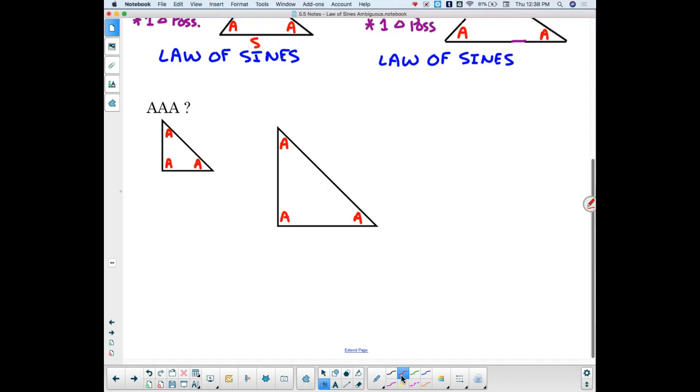And a fourth one, and a fifth one, and an infinite number. Because they are similar, we can't solve it. Okay? We have to have a second triangle with a side in it in order to solve the one triangle.